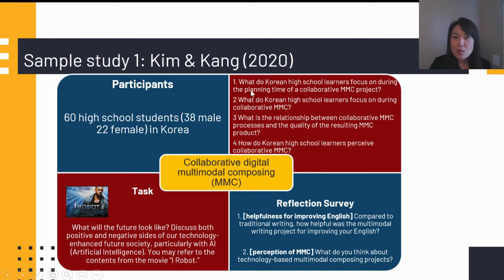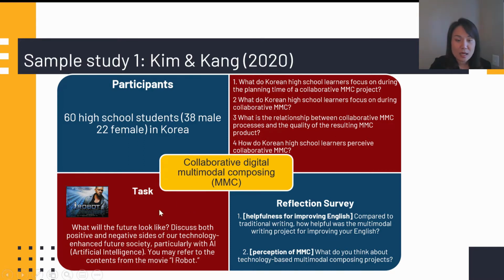So questions number 1 and 2 are related to behavioral and cognitive engagement because, since this was a collaborative task, they were asked to interact with their partner, and that's one of the indications of their task engagement, especially from the cognitive and behavioral perspective.